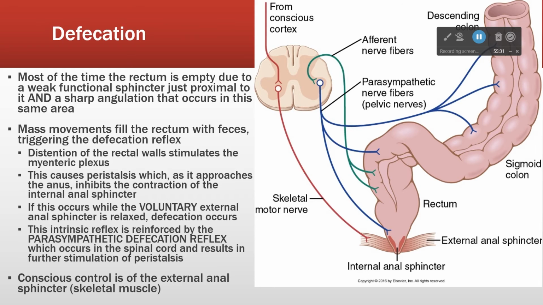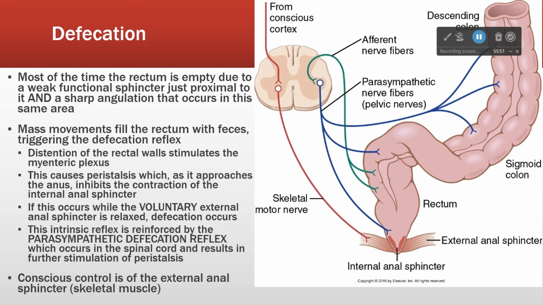So here what we have is a kind of stalemate, right? The rectum is contracting because it's full. The internal anal sphincter is inhibited because of the peristalsis.